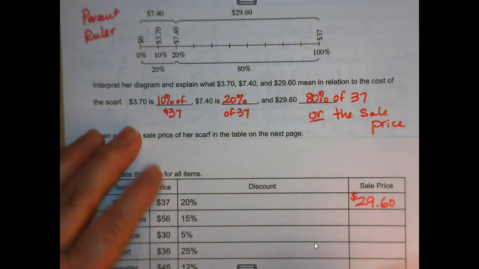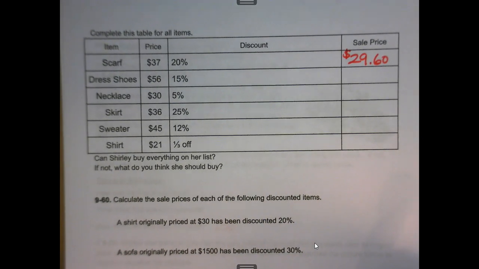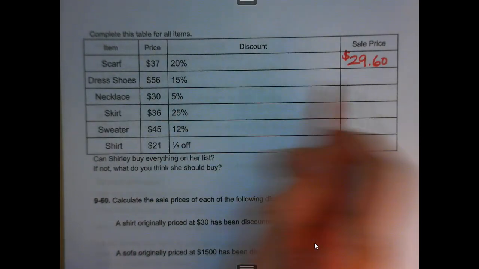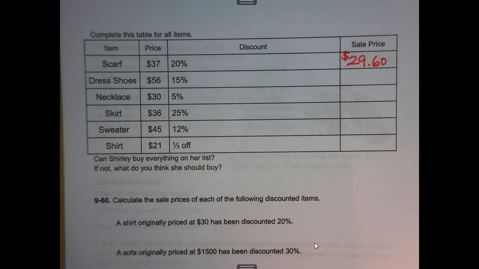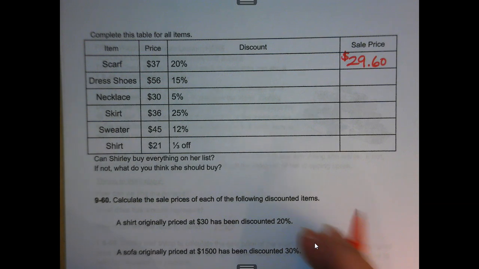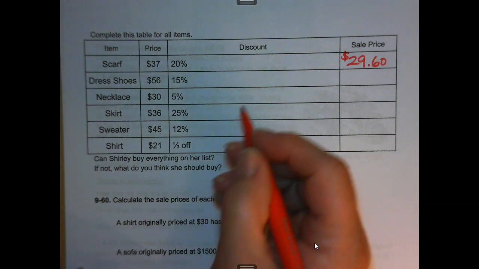Now, as we look at this table, we have a lot of area here in the discount part of our table. And that's because I am going to work some of these problems to demonstrate, to remind us how we can use what we've learned and practiced at different times of the year to help us as we're trying to figure out this real life problem situation.